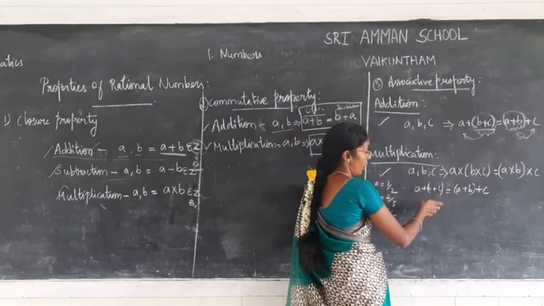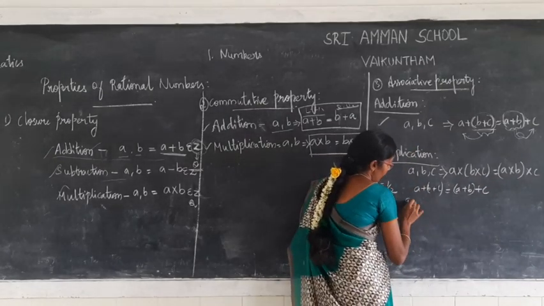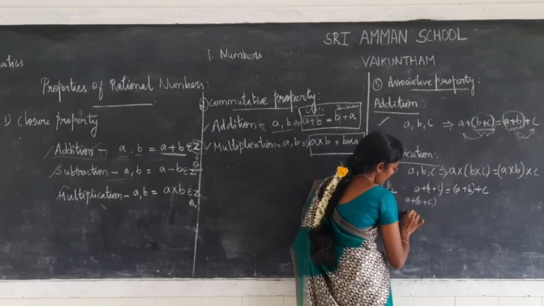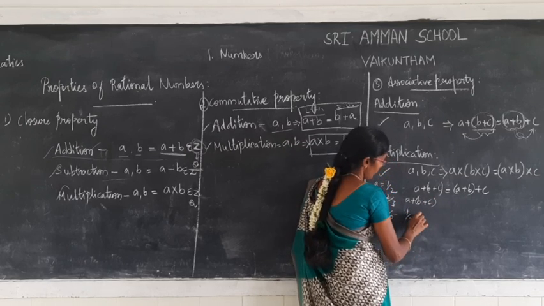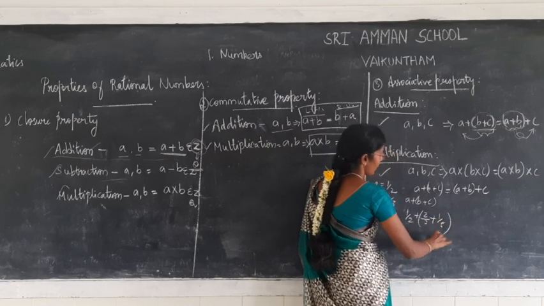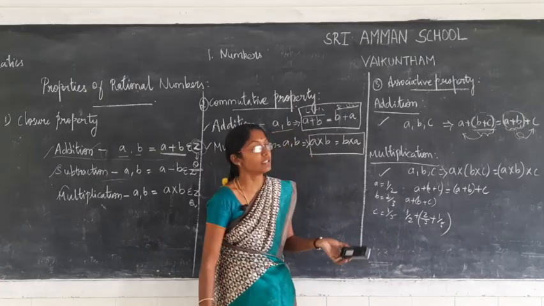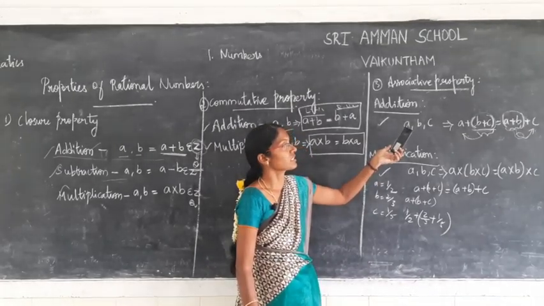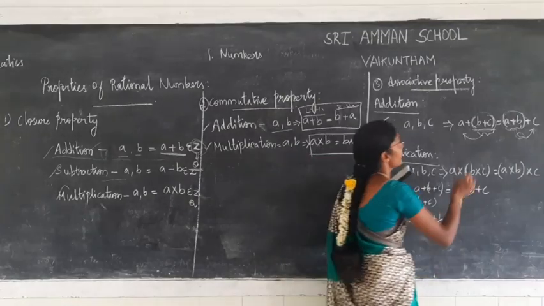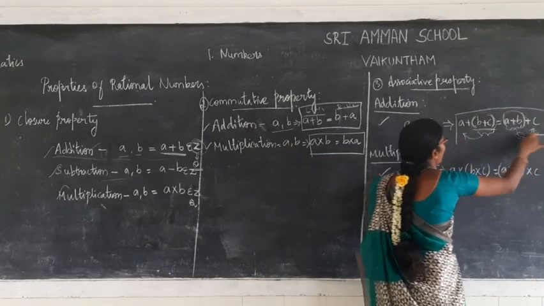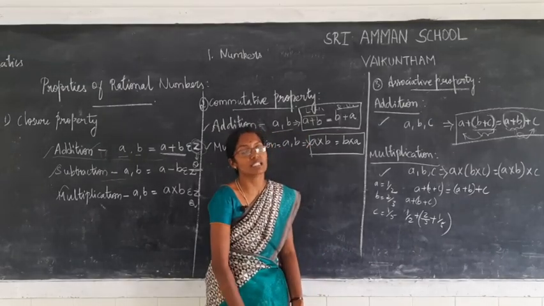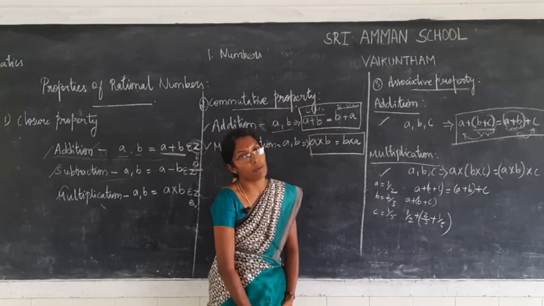First, the left hand side: 1 by 2 plus 2 by 3 plus 1 by 5. Now we are going to prove whether it satisfies this condition or not. The associative property is the standard condition (a plus b) plus c is equal to a plus (b plus c). You have to keep it in mind always.